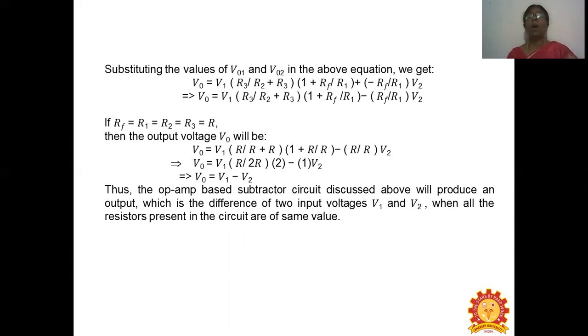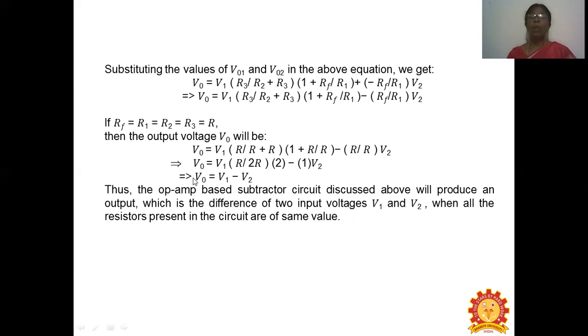Suppose all the resistance values are equal, that is Rf is equal to R1 is equal to R2 is equal to R3 is equal to R. Then the output voltage V0 will be V1 of R divided by R plus R into 1 plus R by R, minus R by R into V2. We can rearrange this equation: V0 is equal to V1 into R divided by 2R into 2, minus 1 into V2.